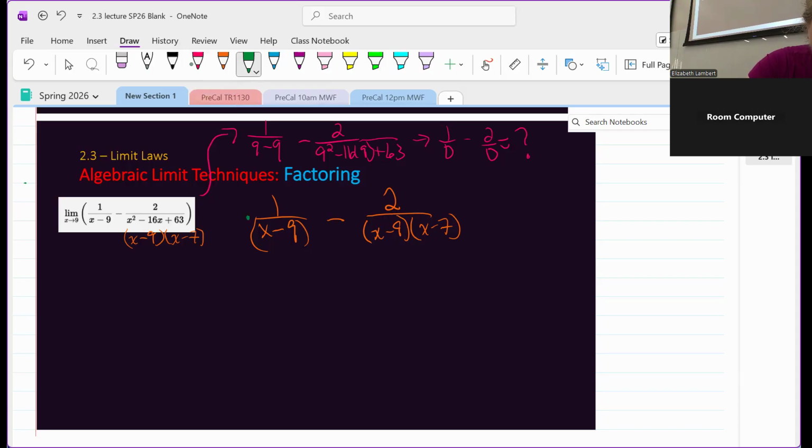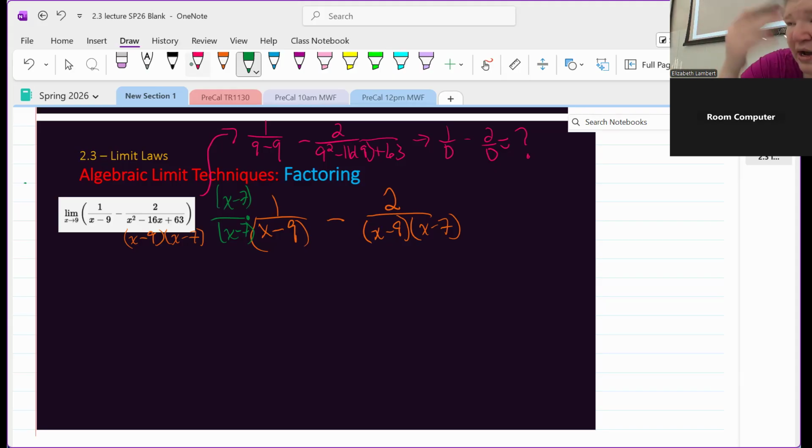So what we're going to do to the front one is multiply by what it's missing. But I can't just multiply on the bottom. I can only multiply by a number that doesn't change the size of the fraction, so in this case, a weird form of 1. That's why we're multiplying the top and the bottom by x minus 7, because x minus 7 divided by x minus 7 is 1.